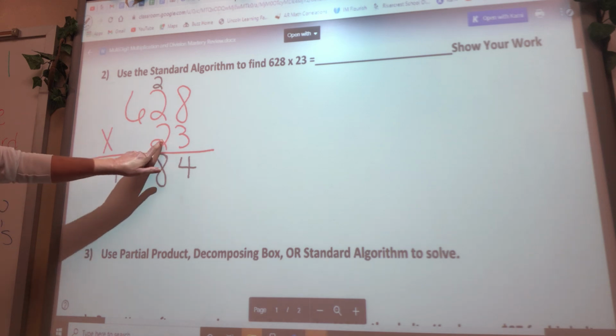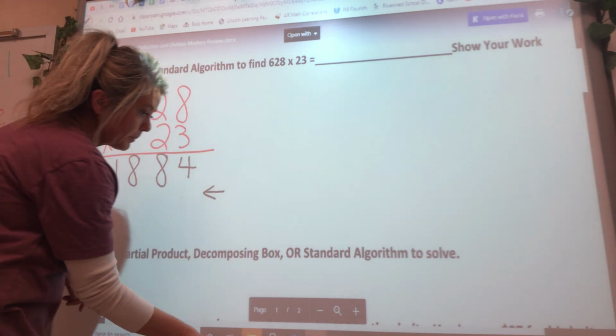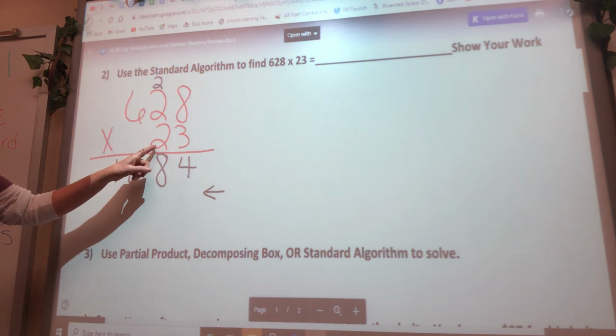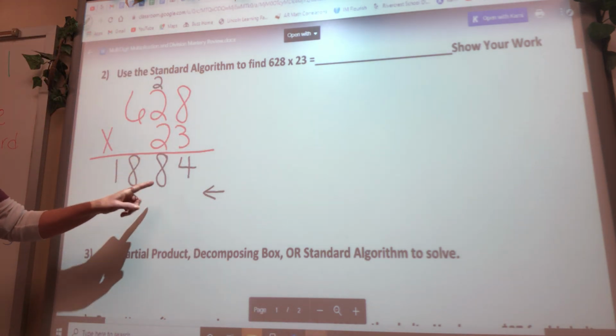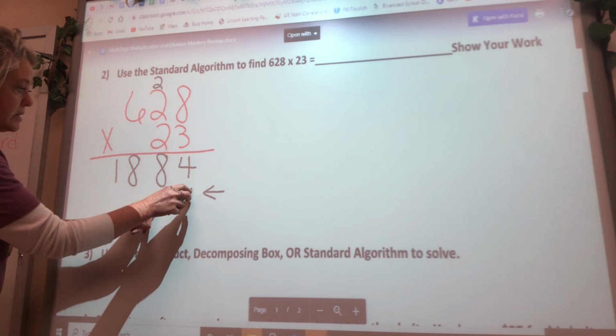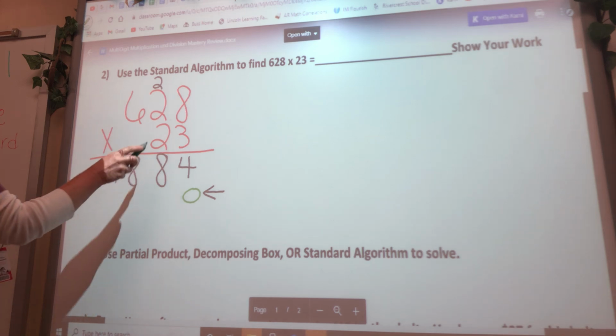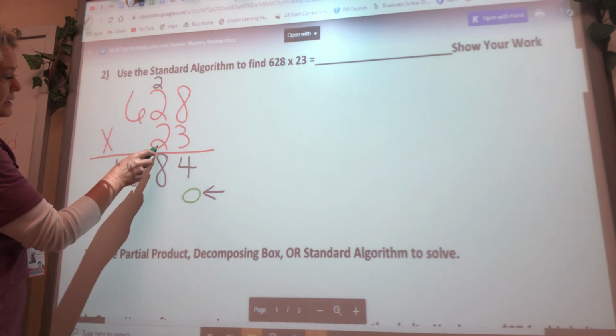And now I'm working with the second number, so I need to be in the second row. I'm working with the tens place, so my actual math calculations need to start in the tens place, so I can't forget to put my placeholder 0. And then I work with this number, multiplying times each number on top.